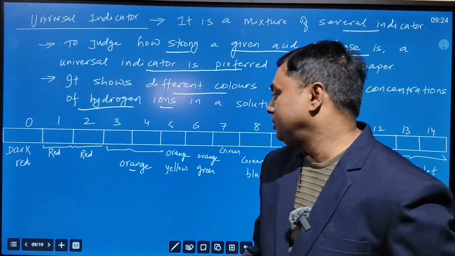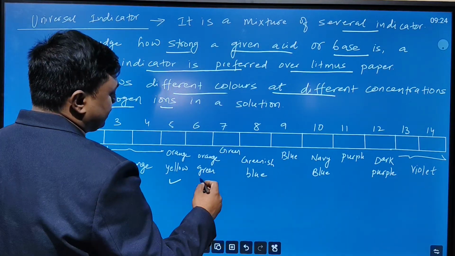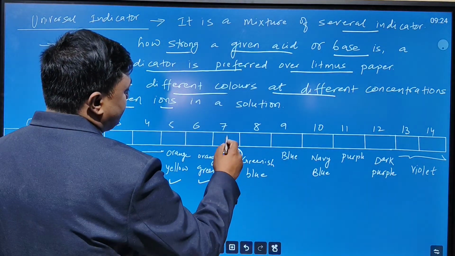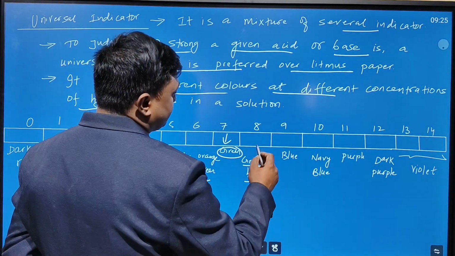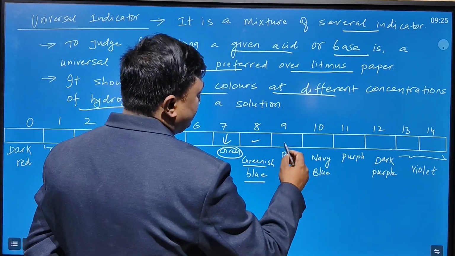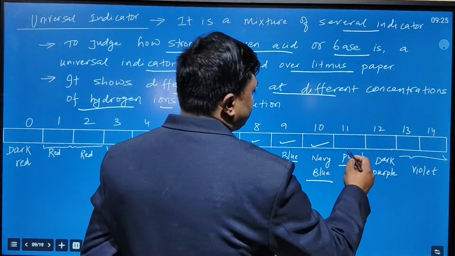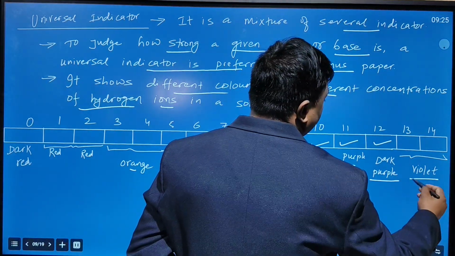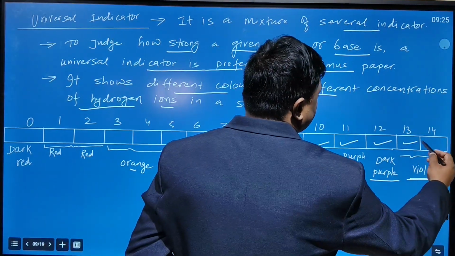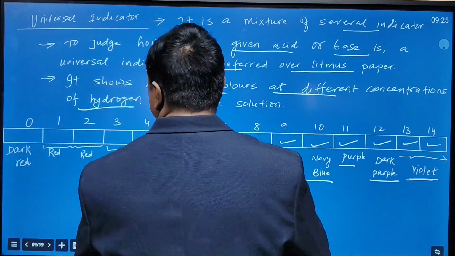Similarly, for pH 5, orange-yellow. 6, orange-green. 7 is green. If it is showing greenish blue, the pH is 8. Blue means 9. Navy blue means pH is 10. Purple color means pH is 11. Dark purple is 12. And if it is showing violet color, it means 13 or 14. So this is the universal indicator.